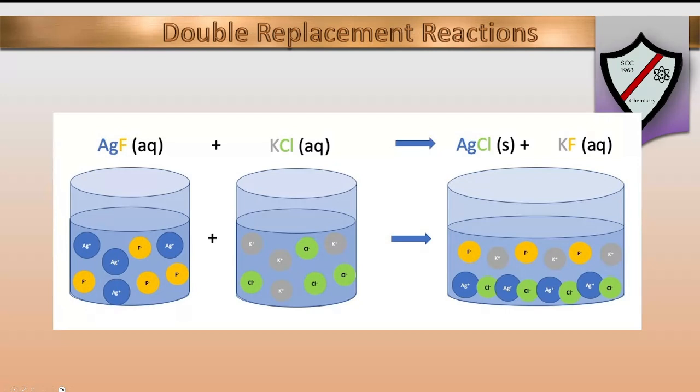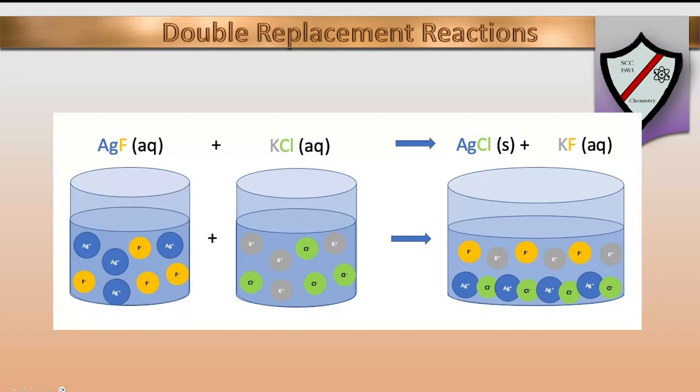In beaker 1, I have a solution of silver fluoride, the formula AgF. When I dissolve silver fluoride in water, I separate the ions, and so I have an aqueous solution containing Ag+ ions and F- ions.